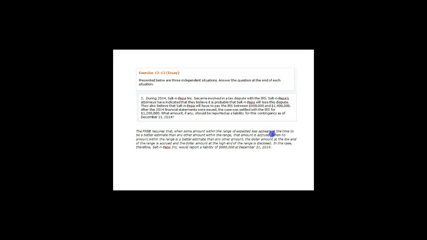But we don't have that. This is not happening in our scenario. When no amount within the range is a better estimate, use the low end. So in this particular case, they're going to report a liability and debit a loss for $900,000. Okay? Let's go on to the next one.